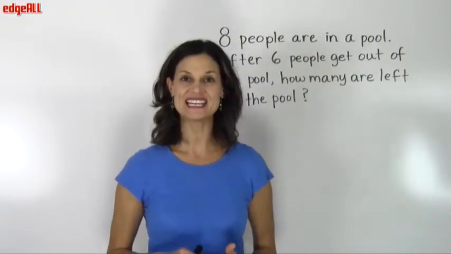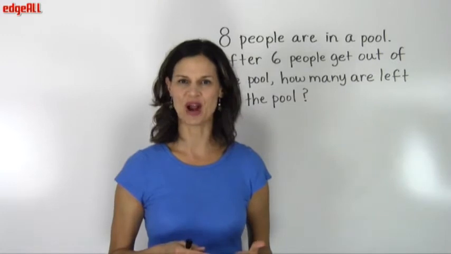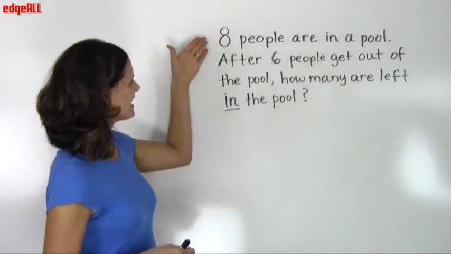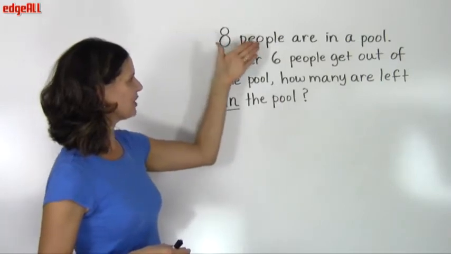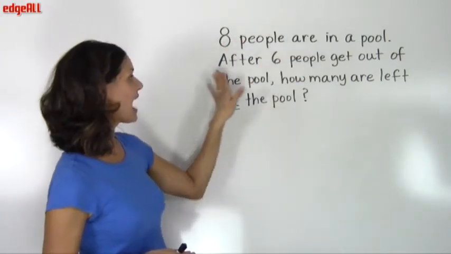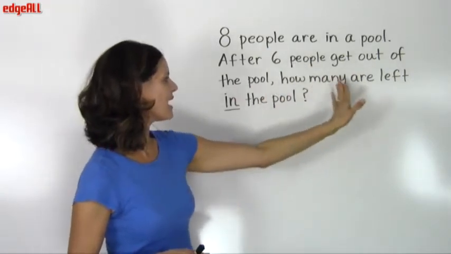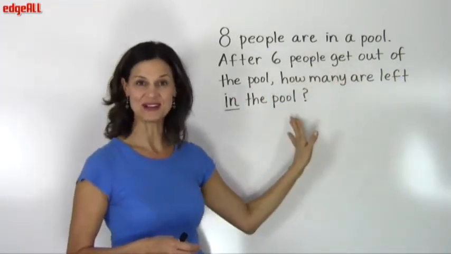Subtraction is best explained using word problems. Let's look at this example. It says here that 8 people are in a pool. After 6 people get out of the pool, how many are left in the pool?